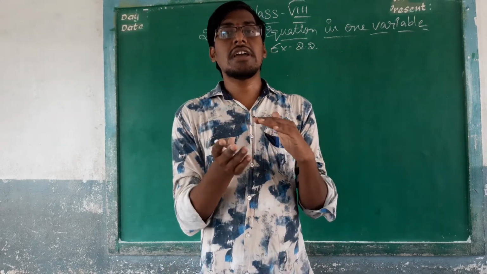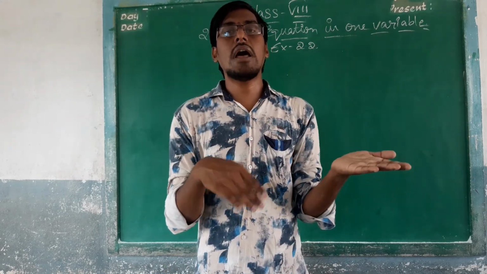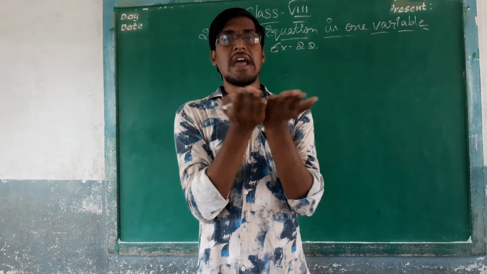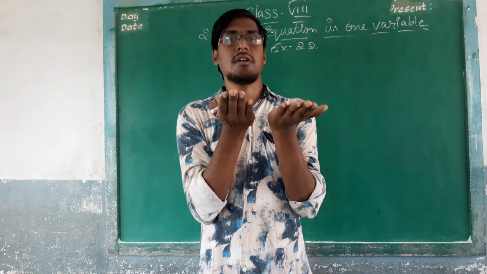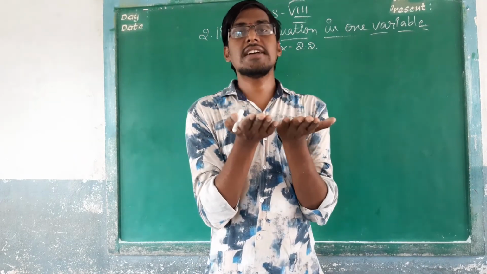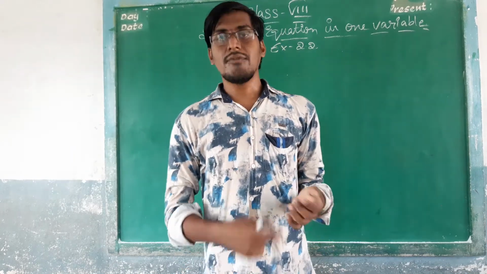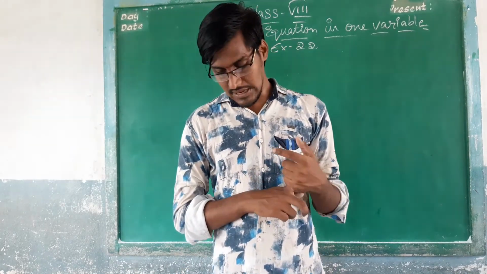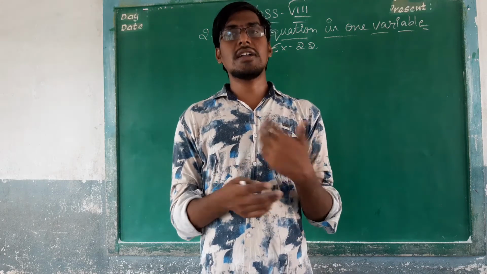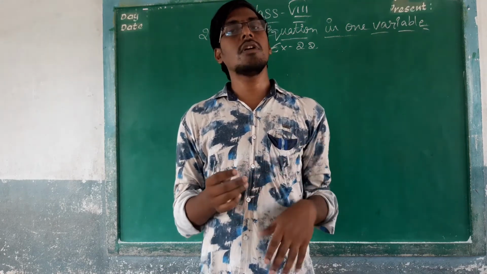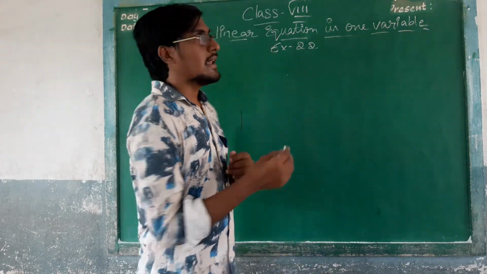After 4 years, if you add the ages of both Rahul and Lakshmi, the sum will be 56 years. So we have to find out their present ages.